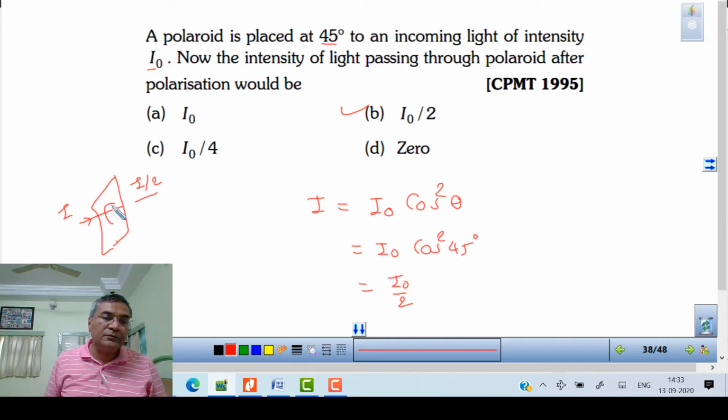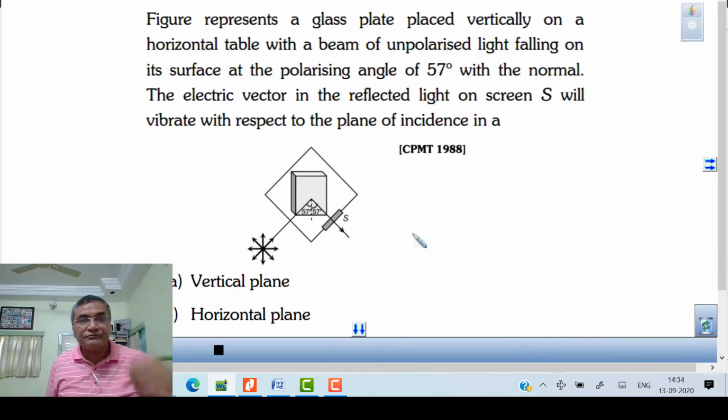If you rotate your polarizer and intensity doesn't change, it means incident light is unpolarized. If intensity varies from maximum to minimum, minimum to maximum, then it is partially polarized. And if intensity varies from maximum to 0 and 0 to maximum, it is polarized. So you should know this thing. We already discussed it in the theory part.